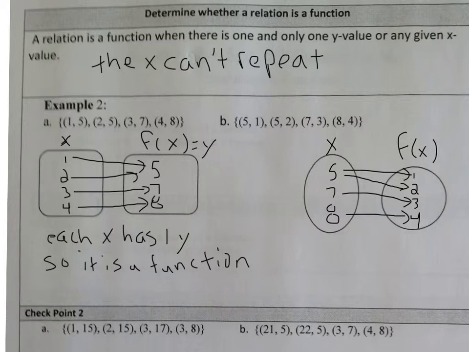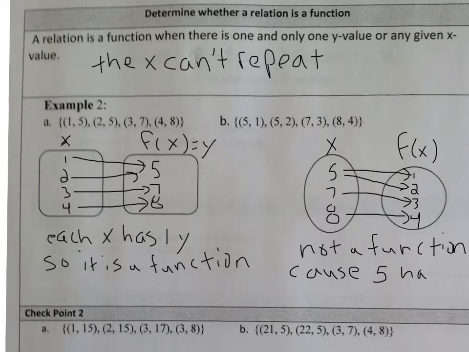And this is not a function because 5 has 2 different y values. So we have 1 x with 2 different y values. That makes it not a function. Not a function, because 5 has 2 y values, namely 1 and 2, but we don't have to write that out.